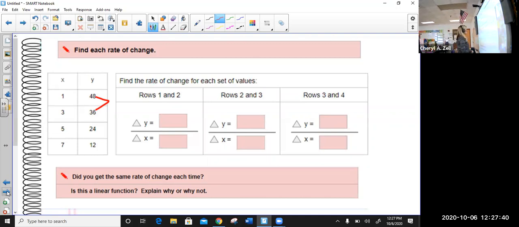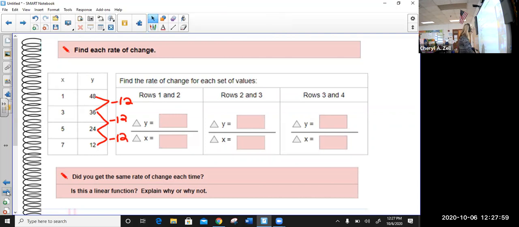So 48 to 36, the difference is a -12, right? 36 to 24 is also a -12. 24 to 12, I'm going down 12.